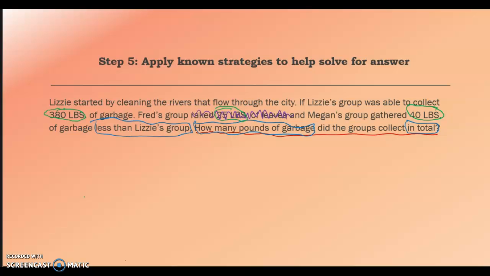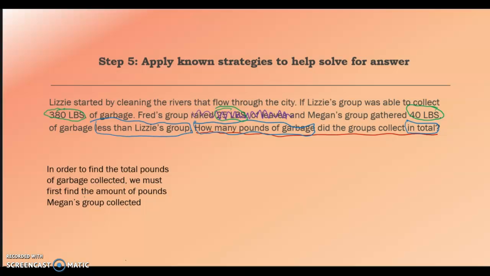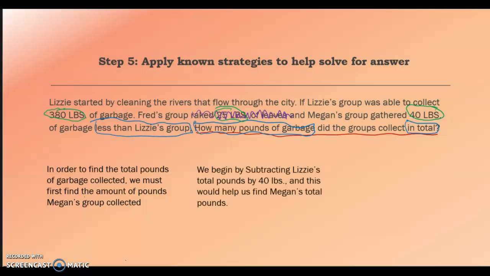As we move on, we will apply our known strategies to help solve for our answer. We must find how many pounds of garbage did the groups collect in total. In order to find the total pounds of garbage collected, we must first find the amount of pounds Megan's group collected.